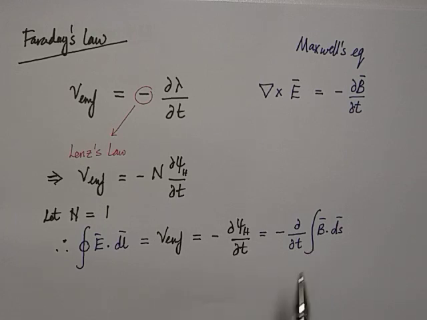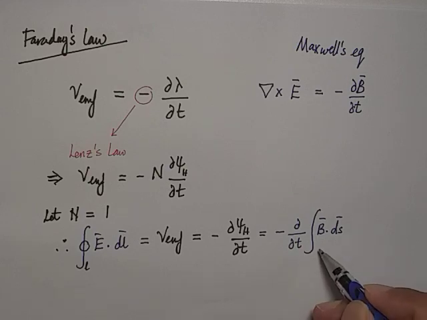So now if we compare the left-hand side of this equation with the right-hand side, we can see they are represented in different forms of integration. On the left we integrate with respect to line, and on the right we integrate with respect to surface.